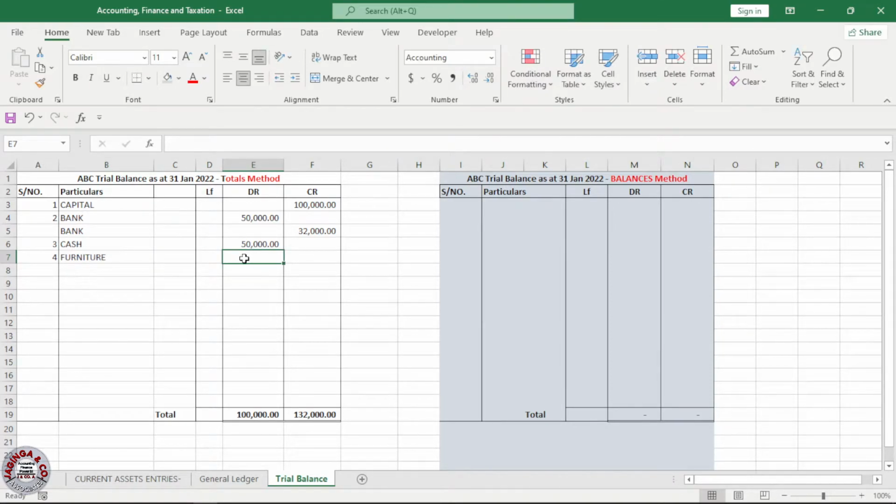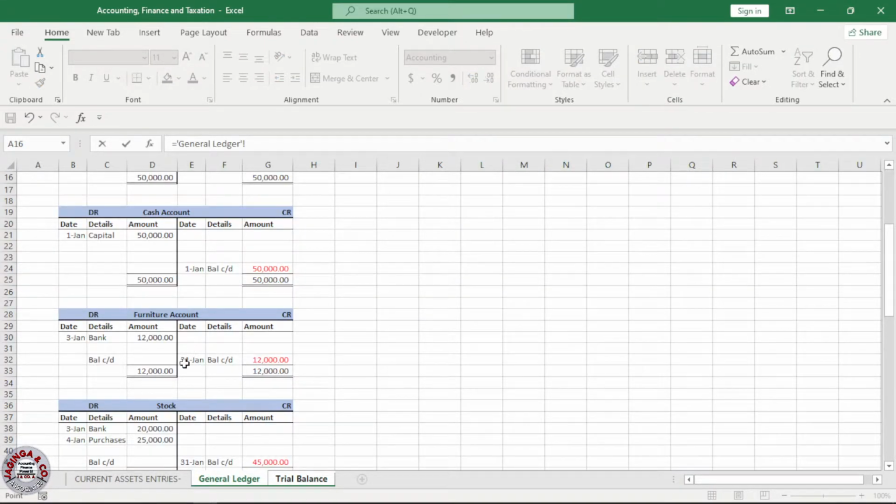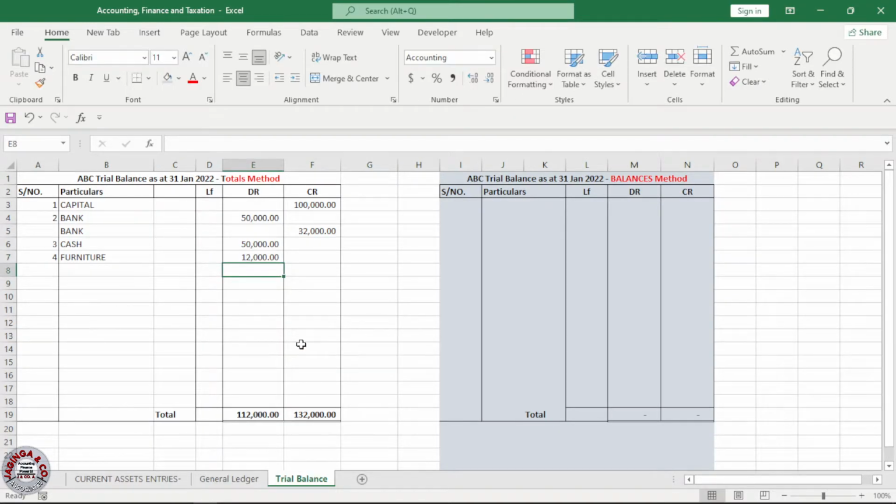Furniture also we just have a debit total. There's no credit total because we did not do any transactions other than the purchase that we did through bank. So we only have 12,000.